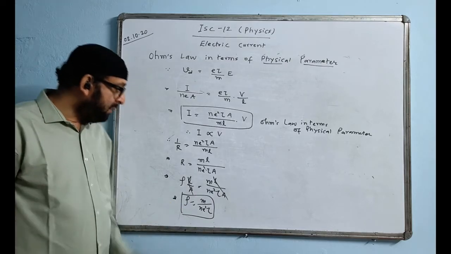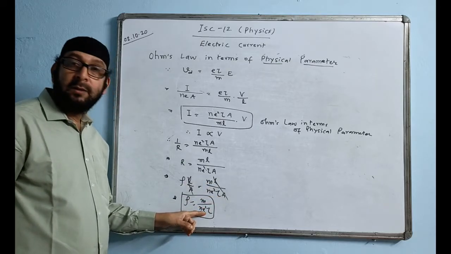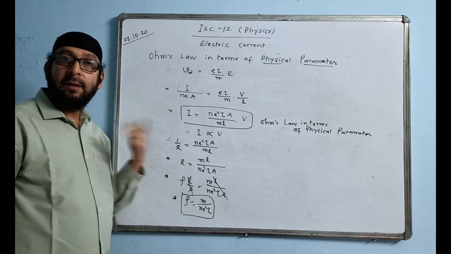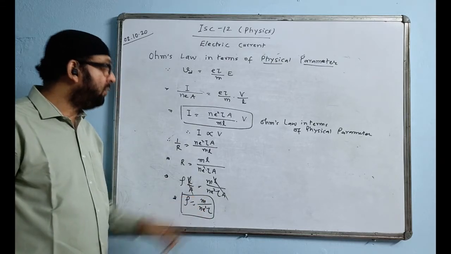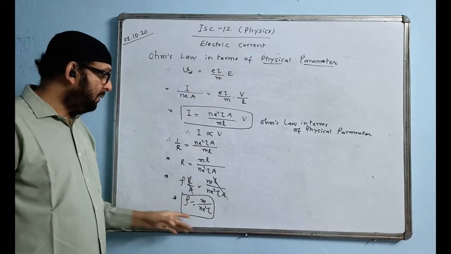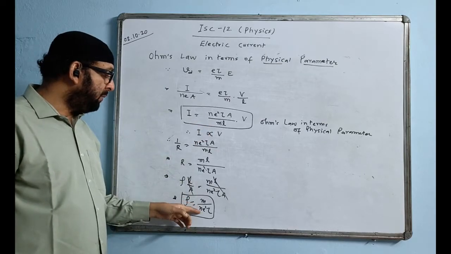Check the formula of resistivity: do we have L and A coming in this formula? The answer is no, because resistivity does not depend on the length and area of cross section of the conductor. That's why the resistivity formula is m divided by n e squared tau. This is the key point we have to begin from; from here we will begin and then come to this. Ohm's law in terms of physical parameter, and the resistivity formula is this.